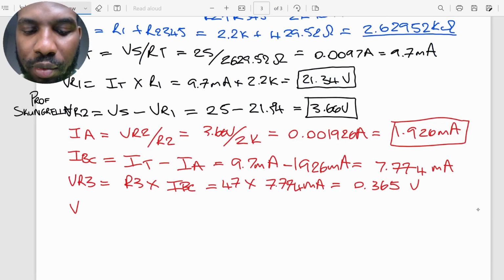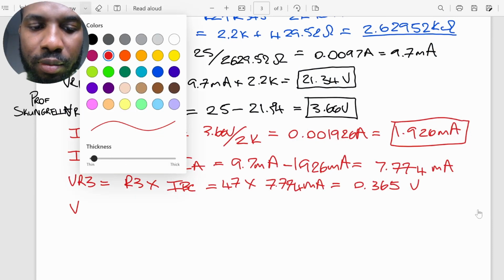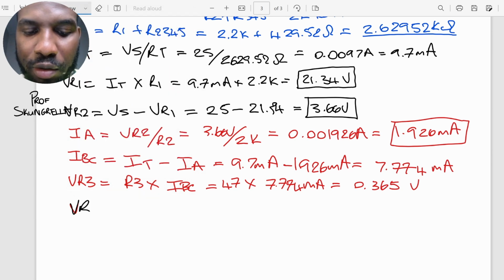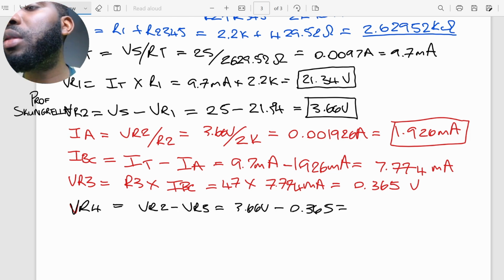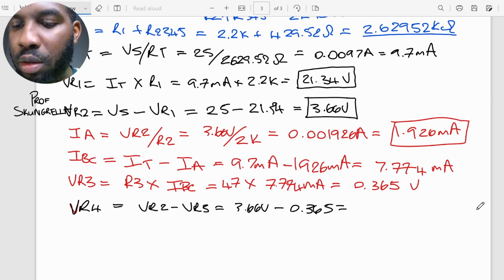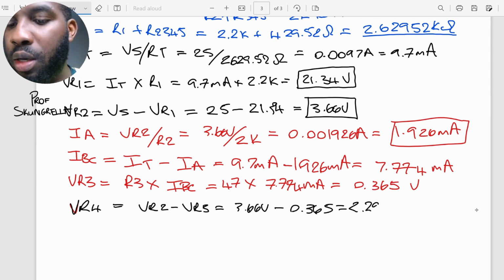VR4 is going to be equal to VR2 minus VR3, which gives us 3.66 volts minus 0.365 equals 3.295 volts.